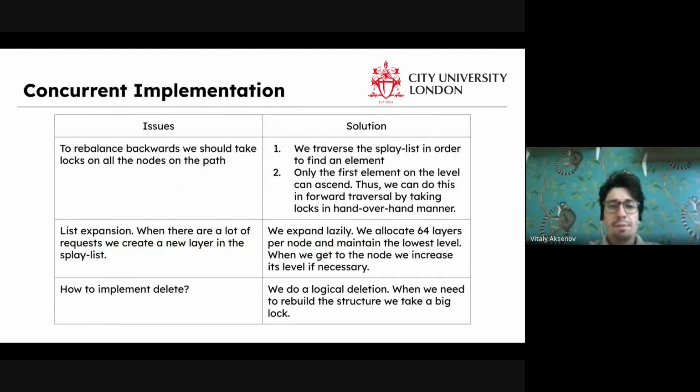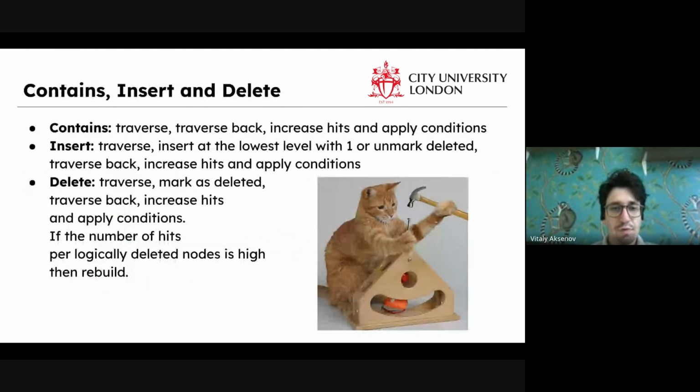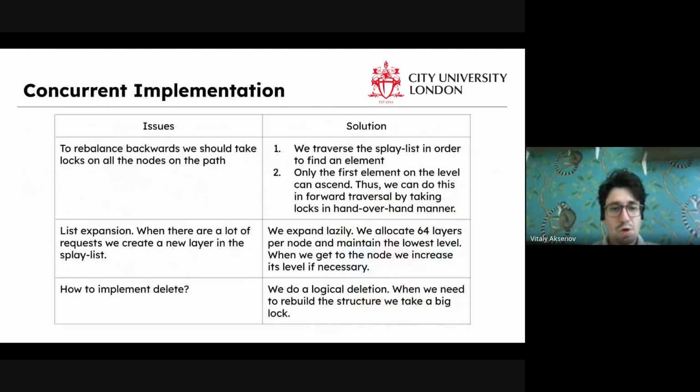I will give you a brief intuition of how to do this. At first, our current approach locks all the elements on the forward path and backward path. It appears that we don't need the backward path at all, and only the first element on the level can ascend.